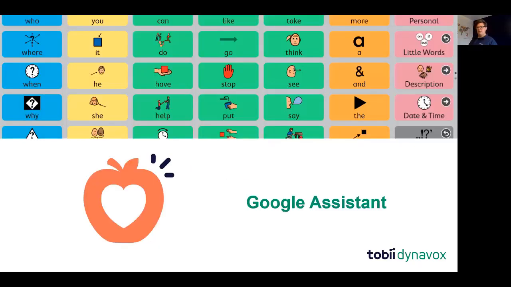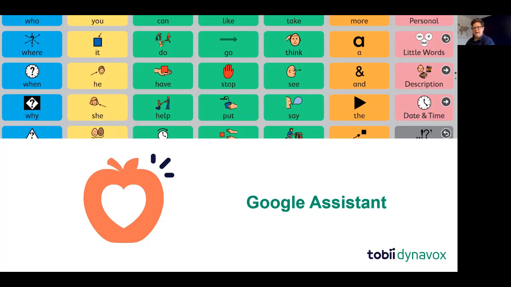So the first thing that I wanted to talk about was taking a look at the Google Assistant within Snap Core First. So this is a really invaluable tool that we've been using for a while within Snap. So we've had ready-made pages that have allowed you to use your device to speak with maybe an existing Google Nest or even something like an Alexa.